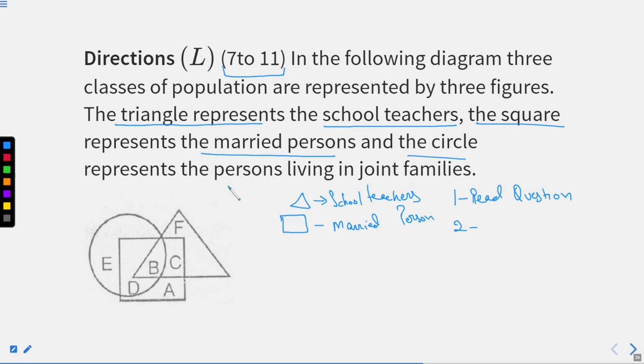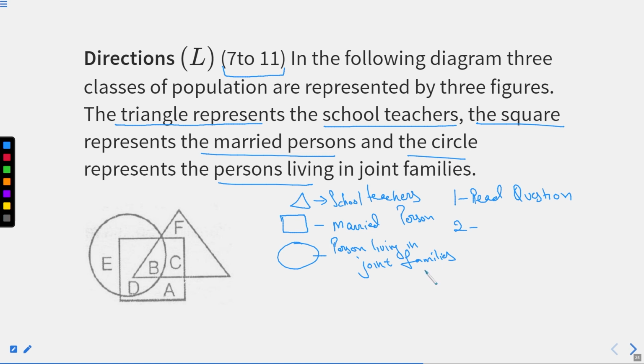And the circle represents the persons living in joint families. I hope this part is clear, right?